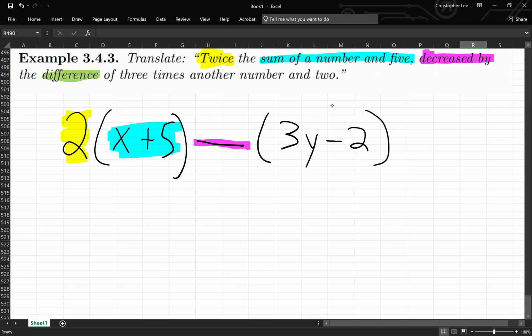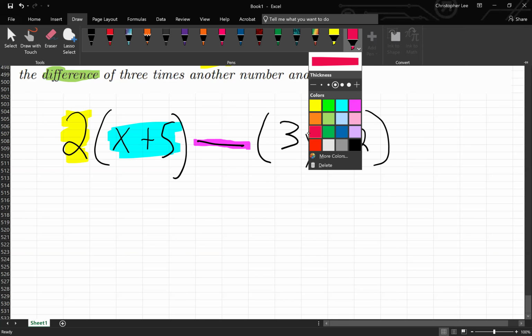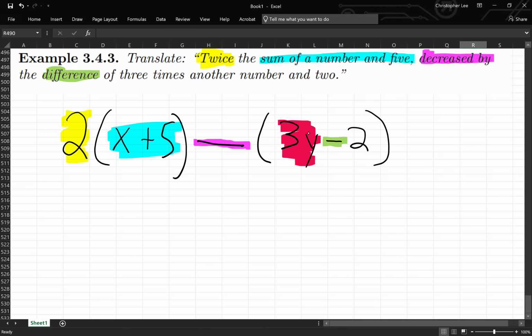So when they said the difference, I knew that whatever 2 numbers they were about to tell me were going to be minused, right? And then they just dropped the 2 numbers on me. So I had the 3y, 3 times another number.